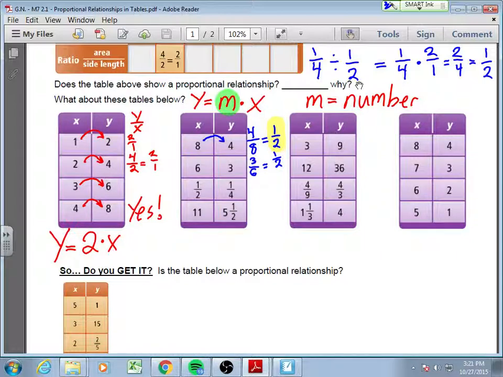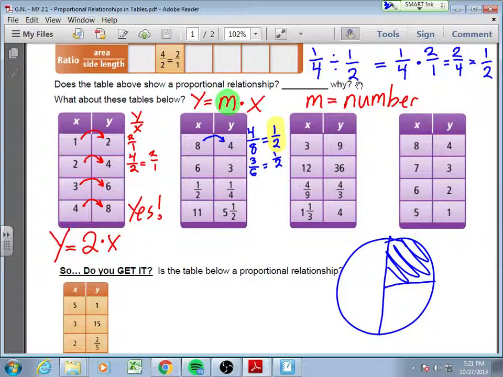You can also think 1/4 is 1/2 of 1/2. If you have a pizza and you have half of it, half of that half is 1/4. So this ratio is still 1/2.